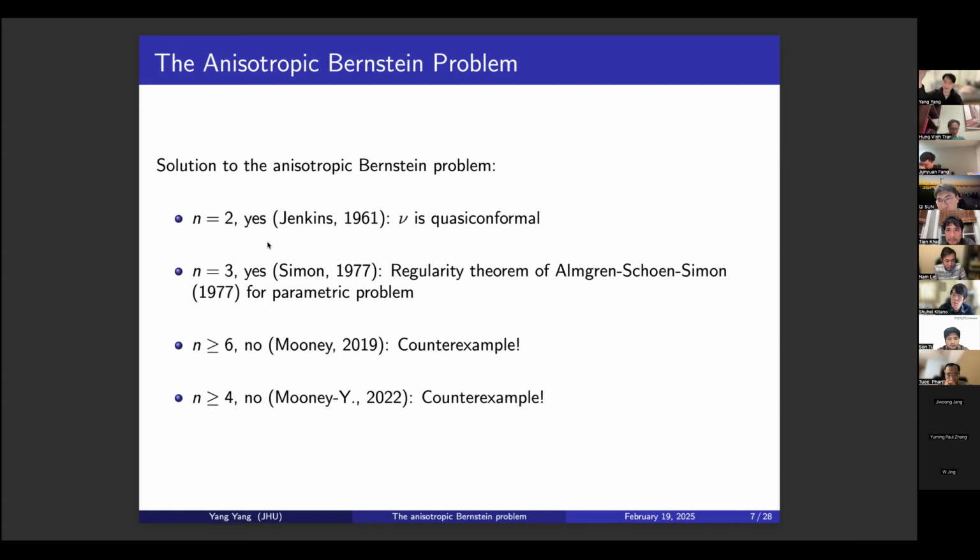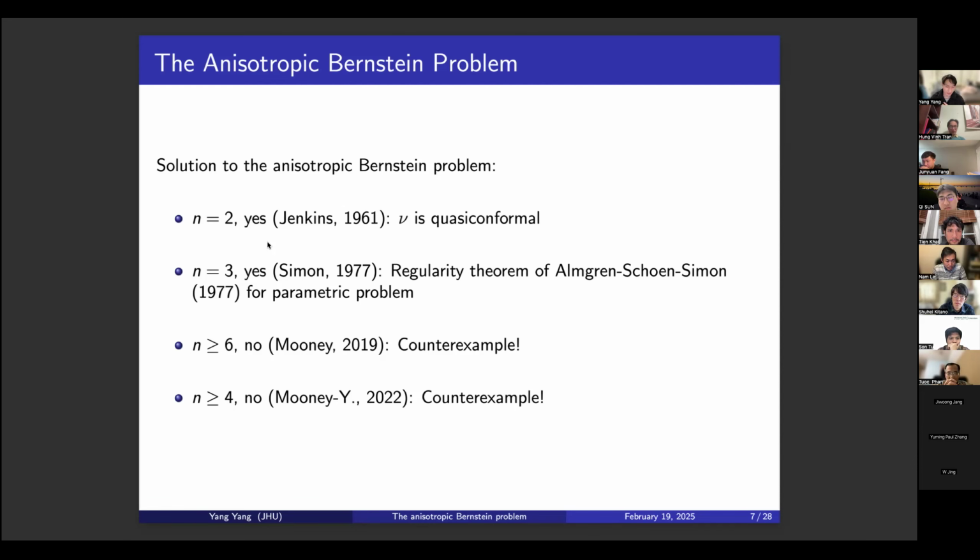Up from dimension 7, we can find nonlinear global solutions. Below dimension 7, they are all flat. So maybe for the anisotropic case, it's still the same thing. Or isotropy is really the key, so that when we relax from the isotropic to the anisotropic case, one can expect to build some counterexample in lower dimensions.